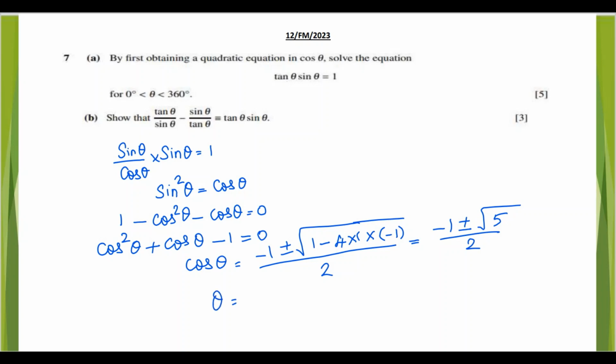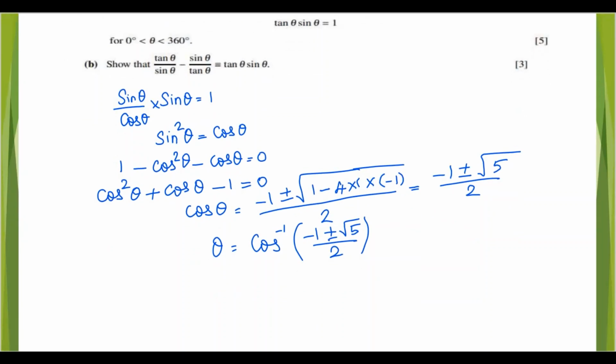So theta equals cos inverse of minus 1 plus or minus square root of 5 divided by 2, and cos inverse of minus 1 plus square root of 5 divided by 2 gives 51.8 degrees.